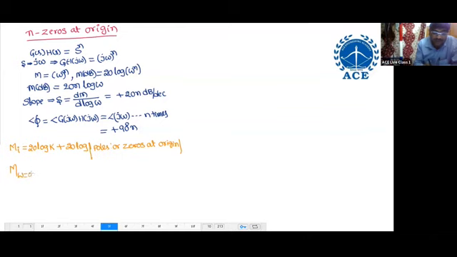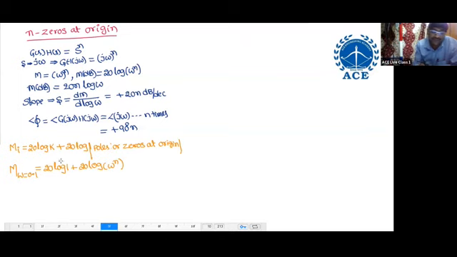M at 0.1 equal to 20 log 1. Here K is 1 only. Plus 20 log of n zeros at origin, which means omega power n. Just replace s by omega. Poles and zeros at origin, s is replaced by omega.